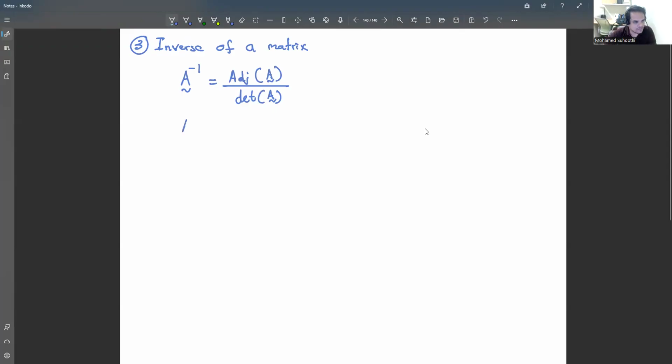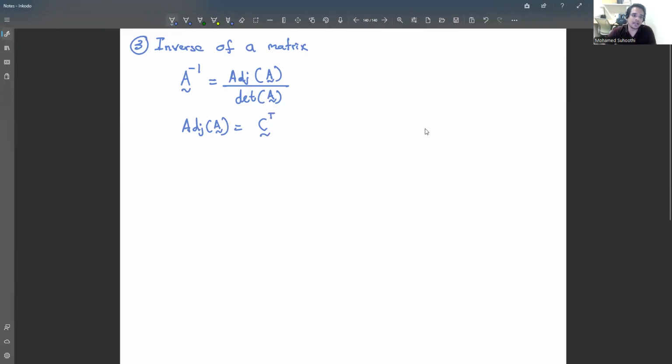What is actually the adjoint matrix? Adjoint matrix is the transpose of the cofactor matrix, right? Transpose of the cofactor matrix.